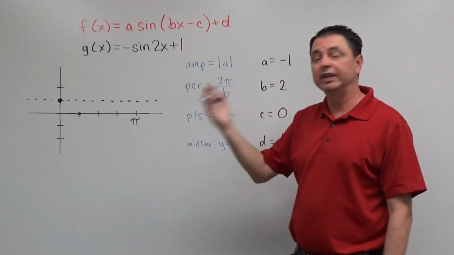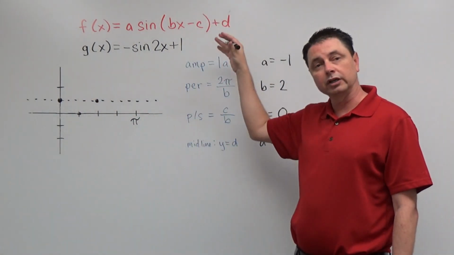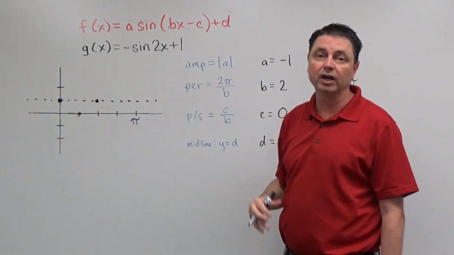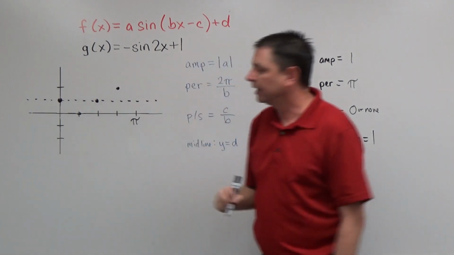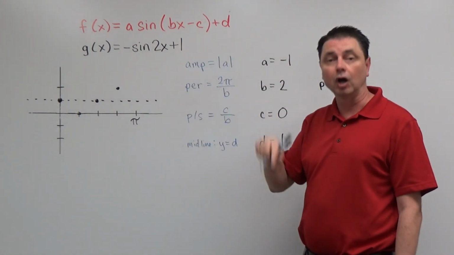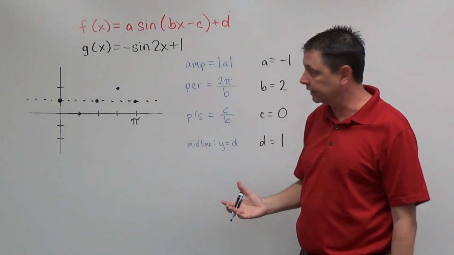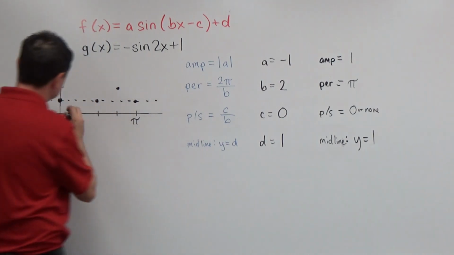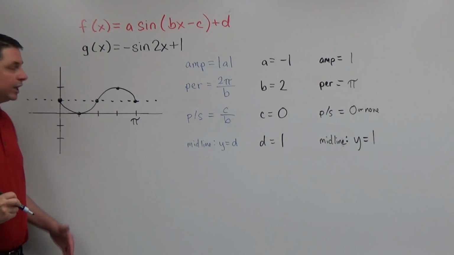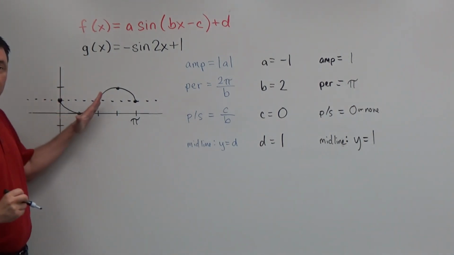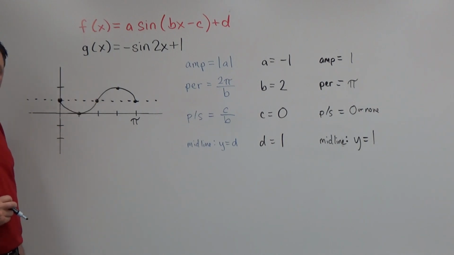And then the next one would be on the midline. And then we're going to continue going up through the midline and above. So we're now going to be 1 above. And we will always, for sine, finish on the midline. And we're graphing 1 full period. We want to make sure that this part's going to be concave down and this part's going to be concave up. And there's g of x.